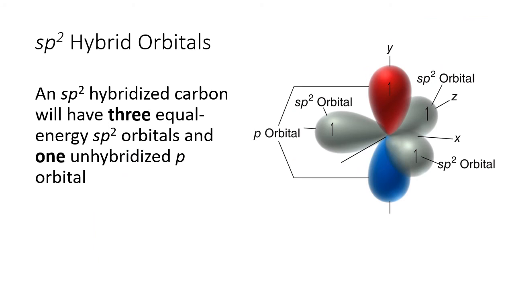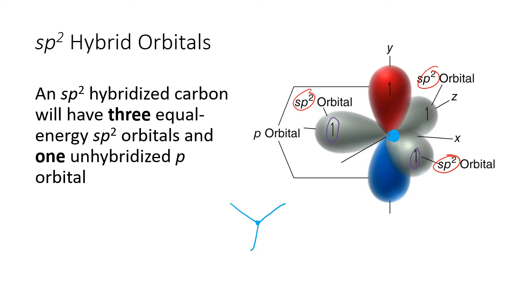So let's look at what the shapes of our hybrid orbitals and our leftover atomic orbital will look like on one of our carbon atoms. So you can imagine in the middle right here, this is where one of those carbon atoms would be. In a trigonal planar arrangement, 120 degrees apart from our carbon atom, we have our 3 sp2 hybrid orbitals. So we've got 1, 2, 3 of them, and each of them has 1 electron.